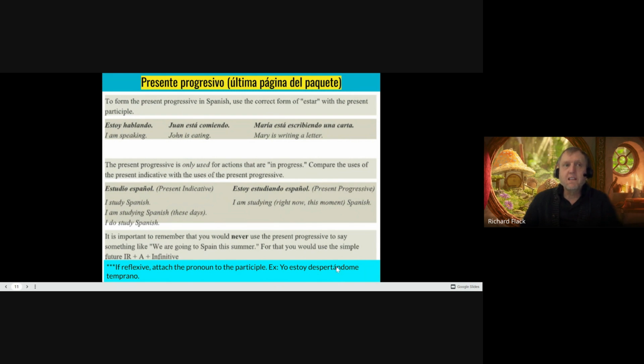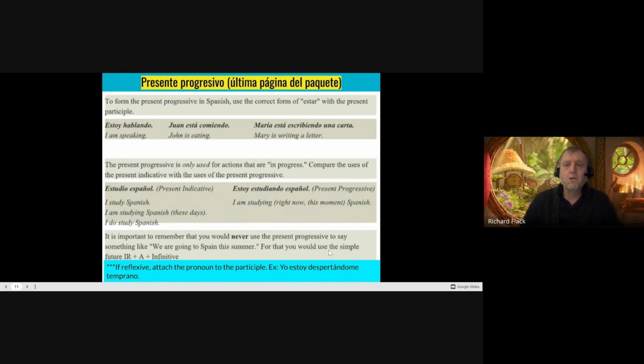Notice there's a tilde now on the participle. So that's going to be a rule. I'm not going to go into why you have to change that. It's a little complicated to teach you. Just need to memorize that if we have a reflexive verb, we're going to attach the reflexive pronoun to the participle, and then the first letter of the participle is going to turn into a tilde, an accent.